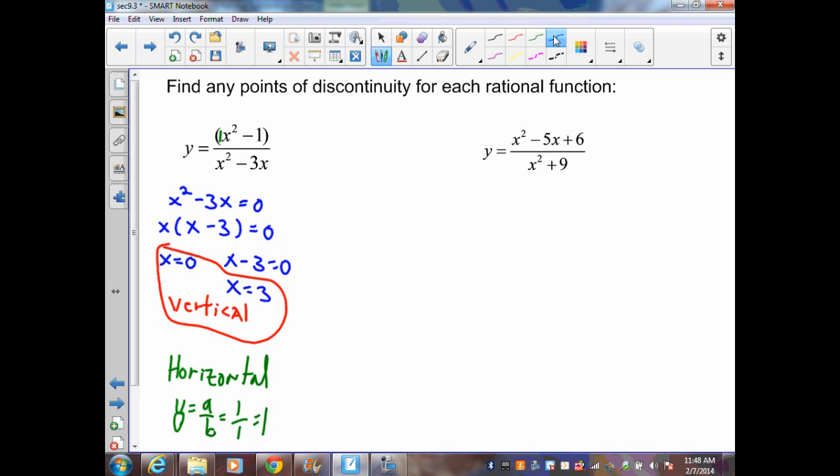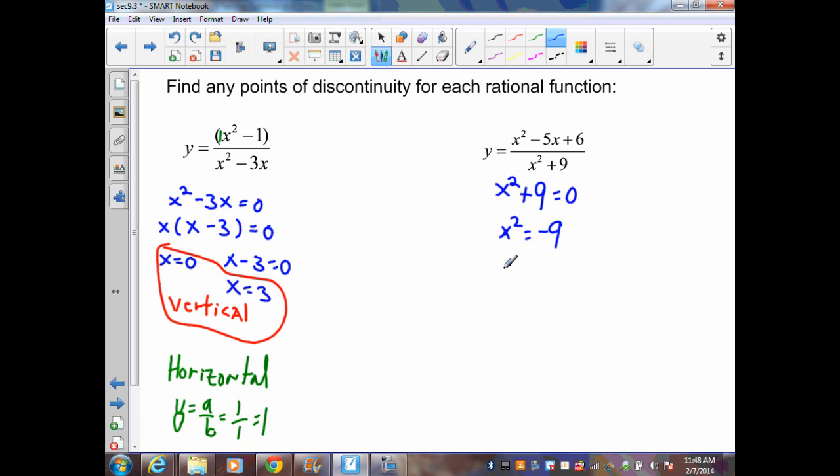Let's continue to the second example. Again, I want to find the points of discontinuity. Therefore, I need to find values of x that make my denominator 0. So here I have x squared plus 9 equals 0. That's the procedure, and then we solve this. x squared equals negative 9.